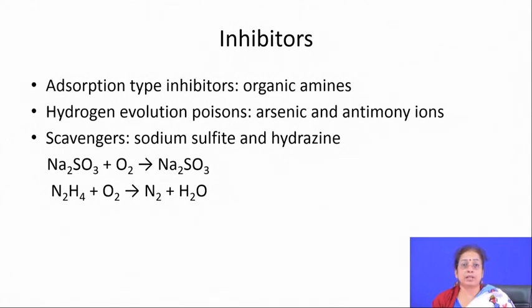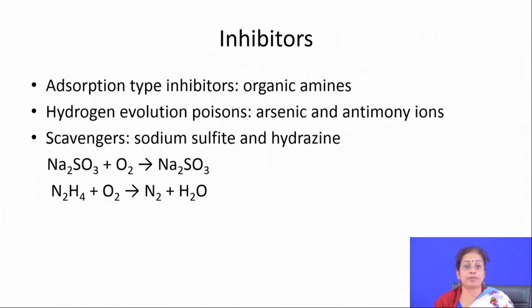Inhibitors, when added in the solution or in the environment, either reduce the aggressiveness of the environment, or take away some species which cause corrosion, or can also get absorbed over the surface, and by that process protect the surface. So, there are different types of inhibitors available which are applied to protect the surface from corrosion.